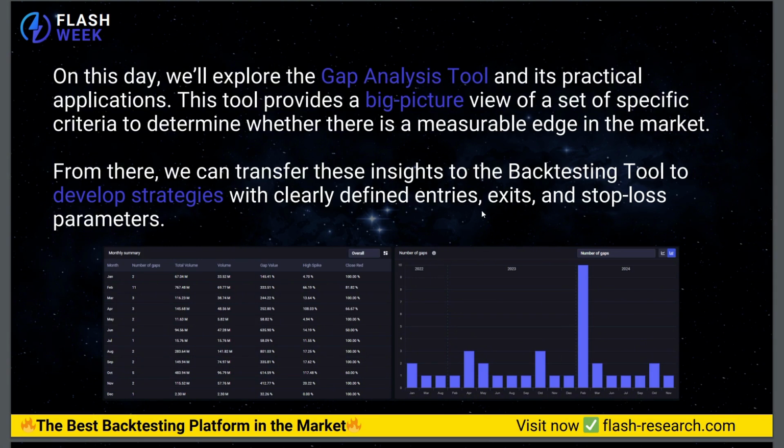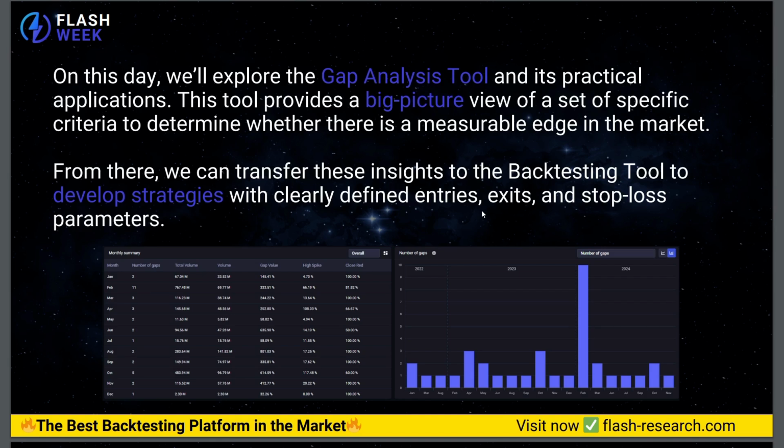Let's say you want to know what a stock between $1 and $2 that had a pre-market volume of 1 million does on the day that it goes up, what it does on the pre-market, what it does on the session, all the stats behind all of this. We do it on the gap analysis tool.